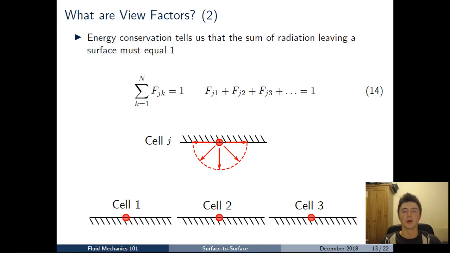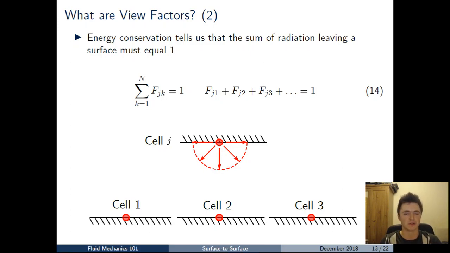We want to know what the view factor is. So a few more points before moving on with the view factors. Of course, if we think of energy conservation, then of all that radiation that's given off cell J, some of it may go to cell 1, to cell 2, to cell 3, to cell K. The sum of all that radiation must be conserved. And that tells us that the sum of the view factors, or the sum of the fractions, must equal 1.